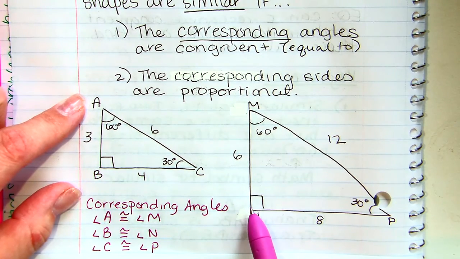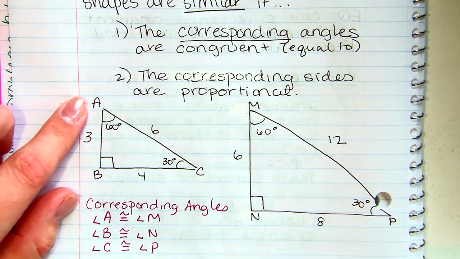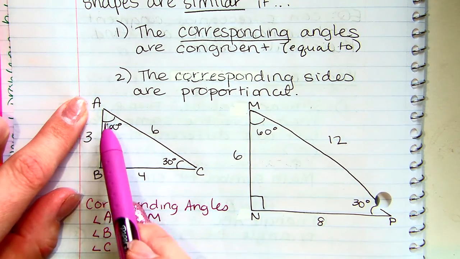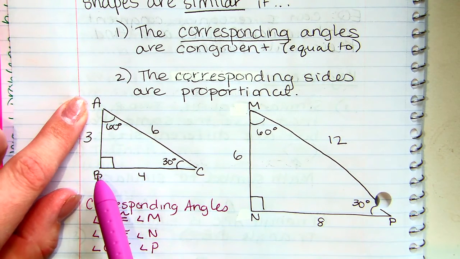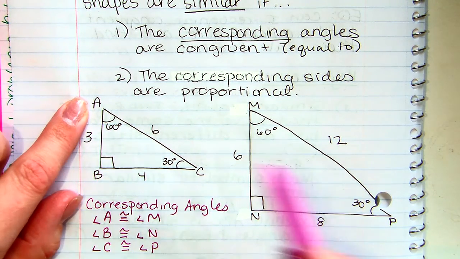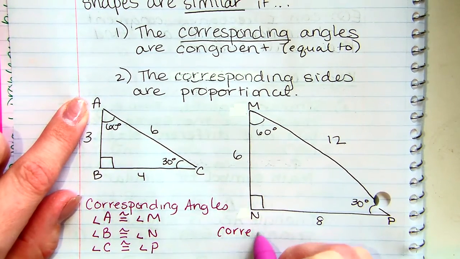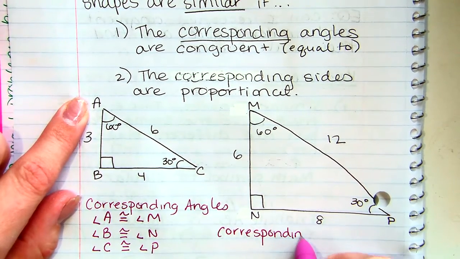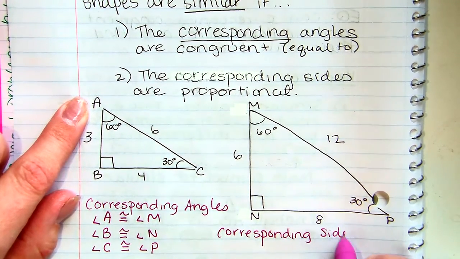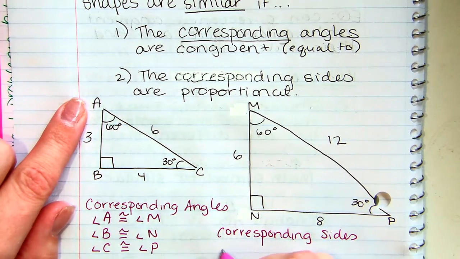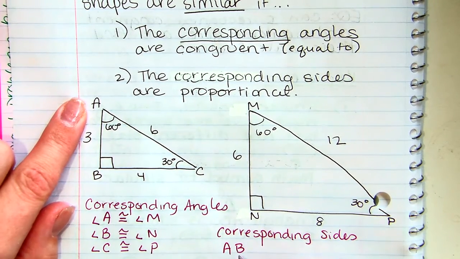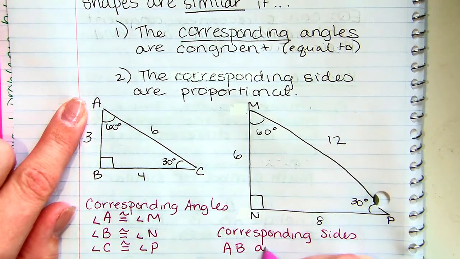So here, AB would be one side, and the same side on my opposite figure would be MN. So my corresponding sides are AB and MN.